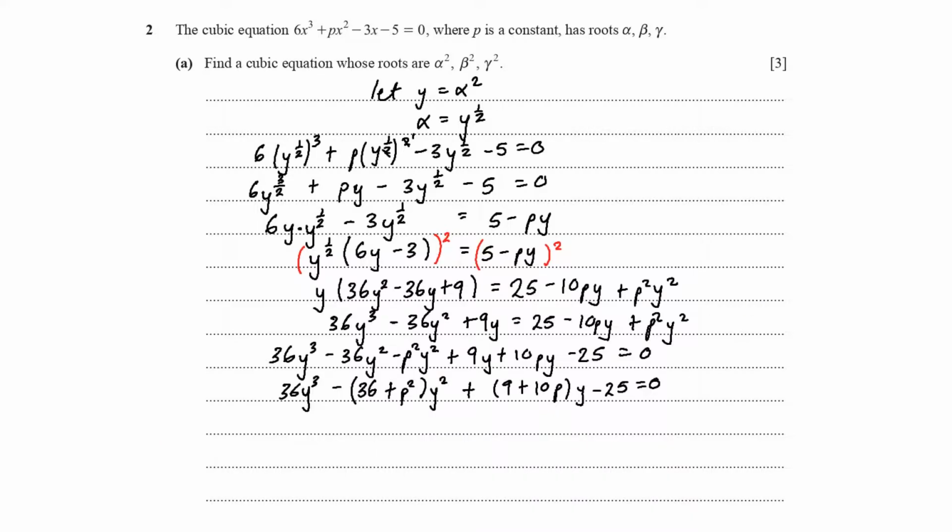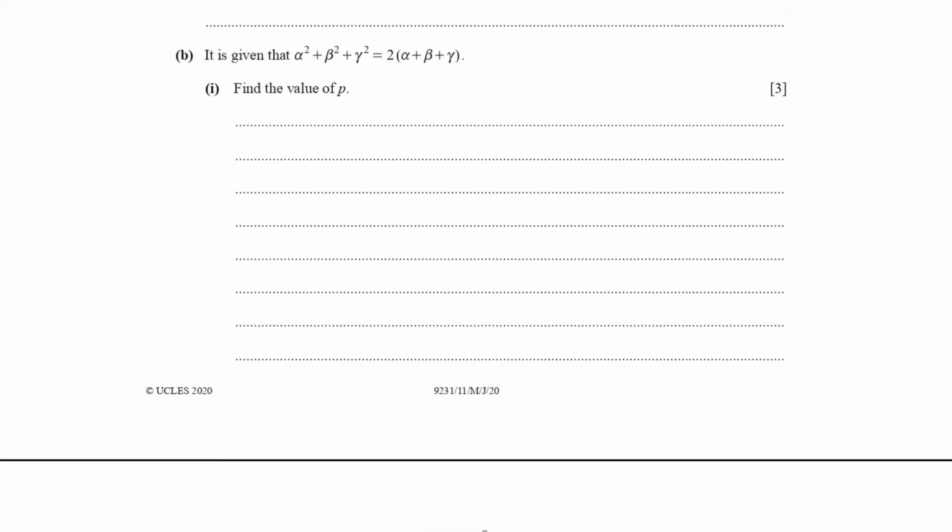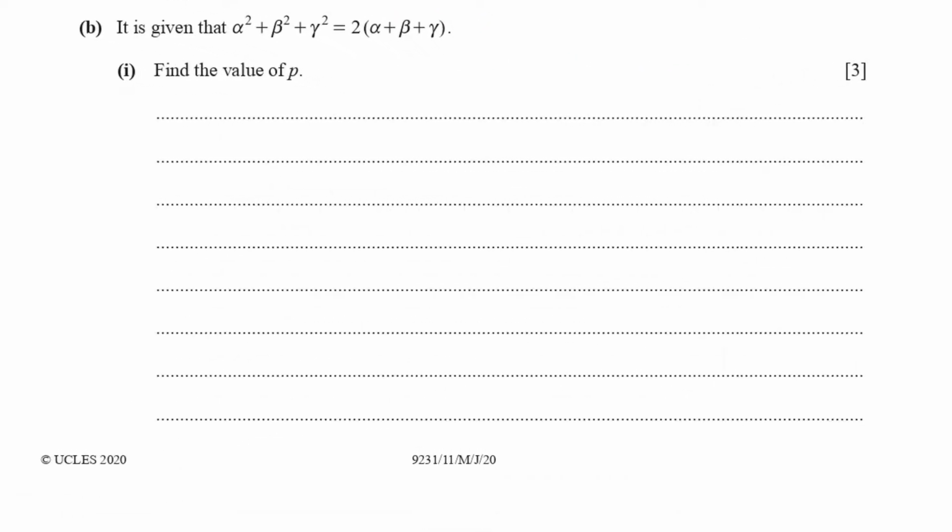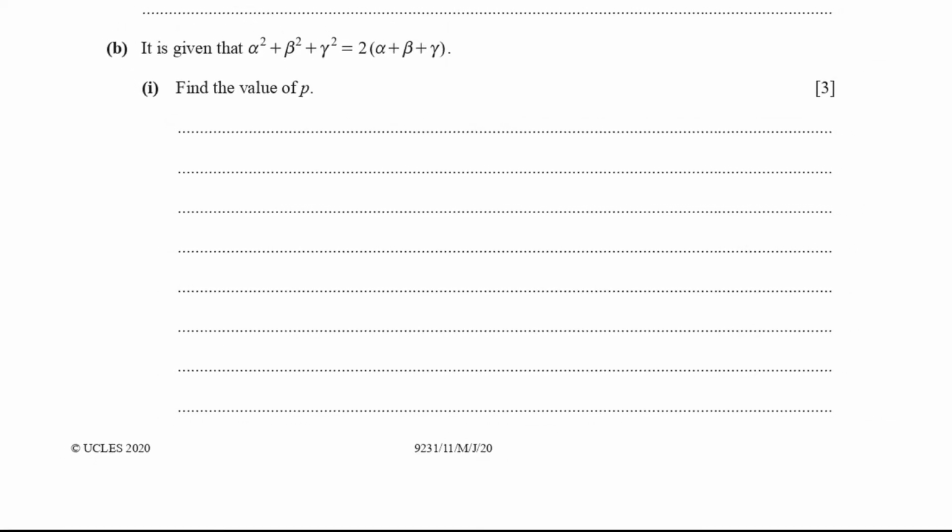Let's scroll down to part B. It is given that alpha squared plus beta squared plus gamma squared is equal to 2 of alpha plus beta plus gamma. So on part 1, find the value of p. Now let's start with alpha squared plus beta squared plus gamma squared.